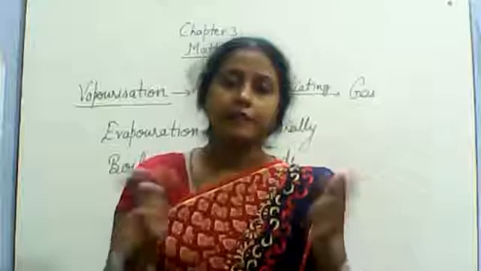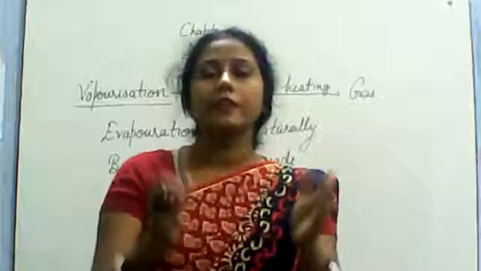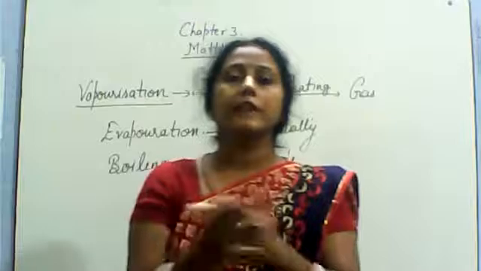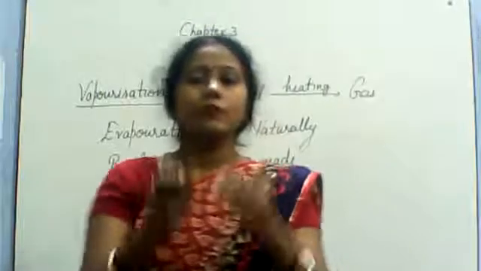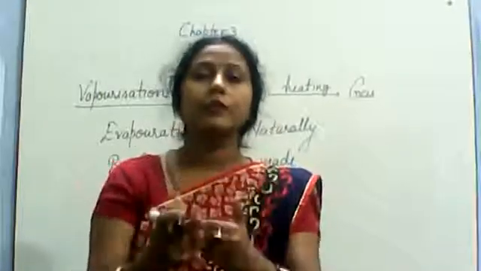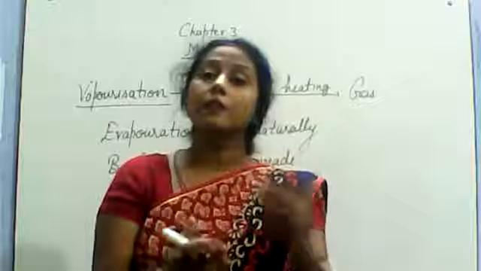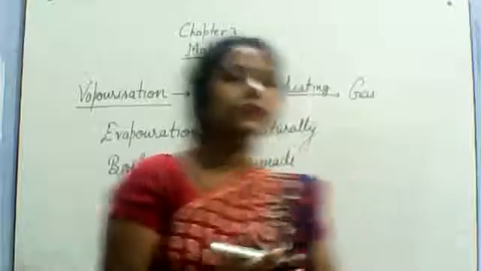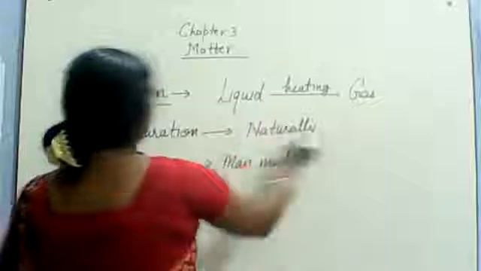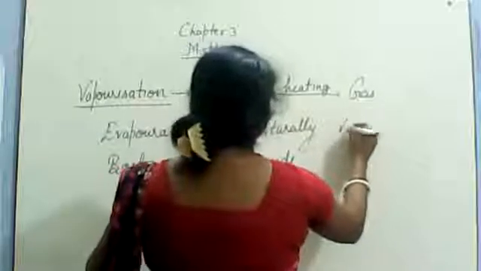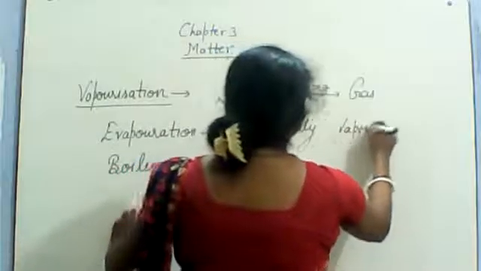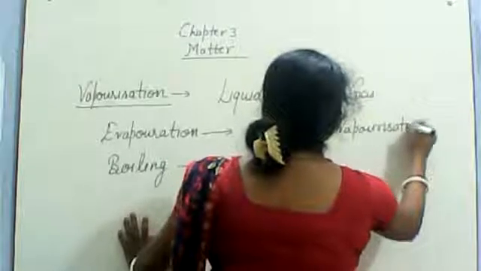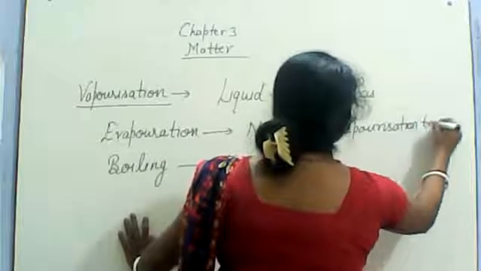That's why the water of lakes, rivers, and other water bodies decreases. That is called evaporation. It also happens at a constant temperature, the atmospheric temperature, called the vaporization temperature.